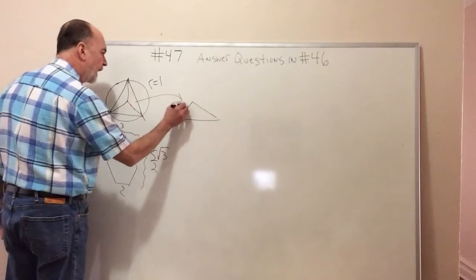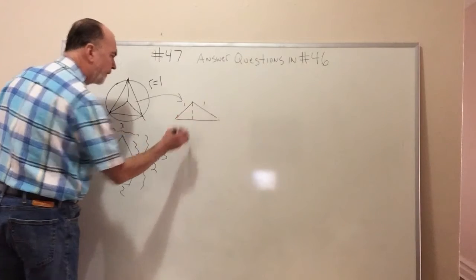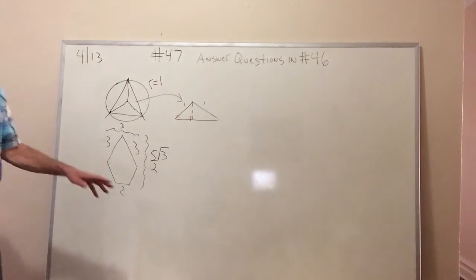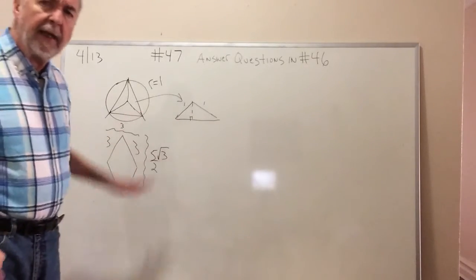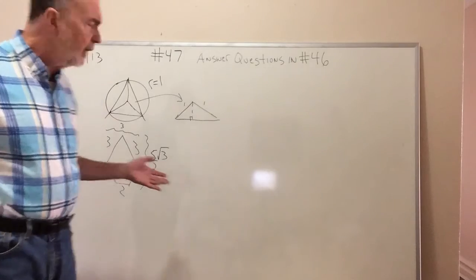If I look carefully at it, this is 1 and this is 1. When I drop my perpendicular bisector, I find that the game is up. We've reached a place where we can't continue anymore. We have to move on in our mathematical skills.